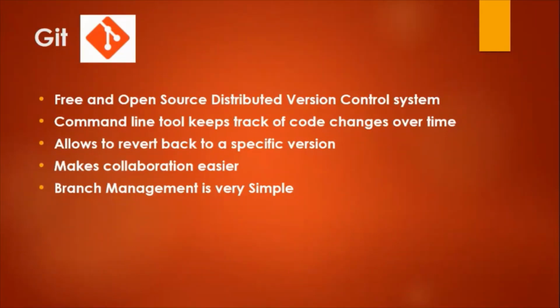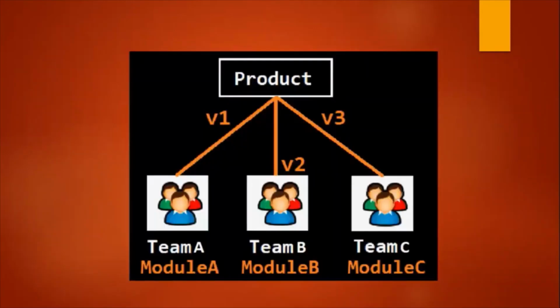The most important feature available in Git is branch management. I'll give you a gist of it. Let's take the previous use case. As I stated in the previous example, in a product company, multiple teams are working on a product. Each team is working on a different module. Team A takes care of module A, team B takes care of module B. Source code pertaining to module A resides in a particular branch.